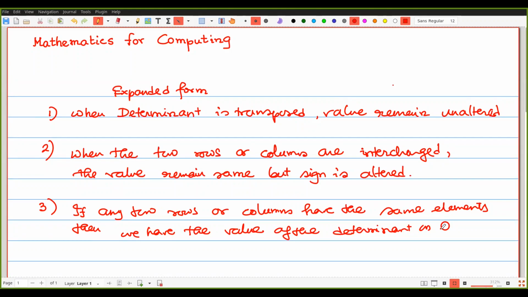Next, we are proceeding to scalar multiplication with the determinant. Now suppose we have a matrix. When we use the parenthesis notation, it means it is a matrix. Suppose we have 1, 2, 3, 4, 5, 6, 7, 8, 9, and we are multiplying it with a scalar.